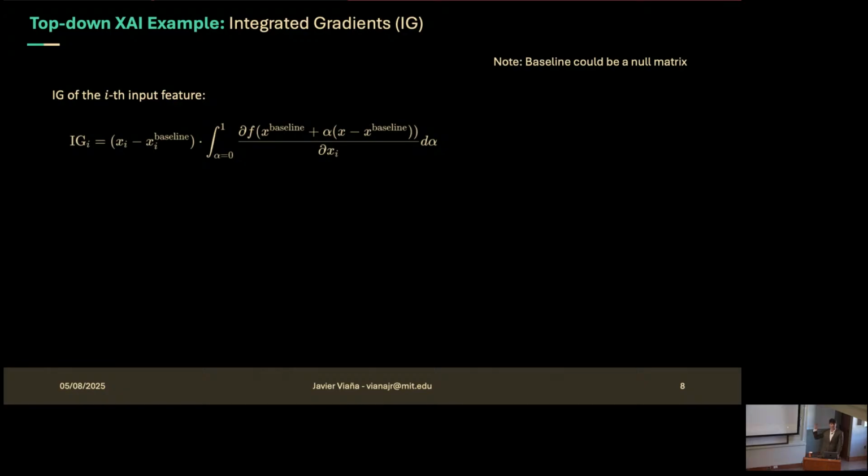An example of a top-down explainable AI approach is integrated gradients, okay? And this is one of my favorites. It's basically calculating the gradient of the model. You have a neural network, and you look at the derivative of the output with respect to the input, but you do so in an integrated way, right? So you start from no input at all, and you go all the way to the input that you're looking at. You're smoothly increasing, accumulating the gradient before you get to the one that you want to calculate.